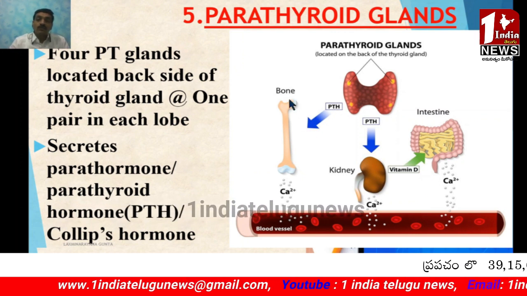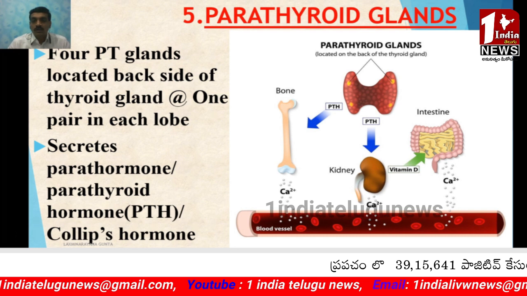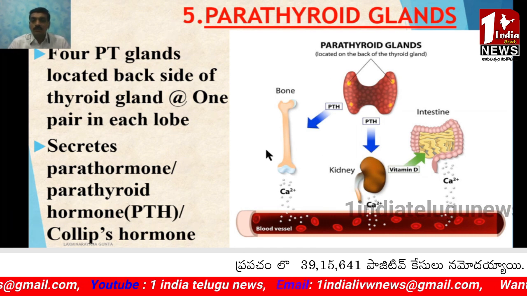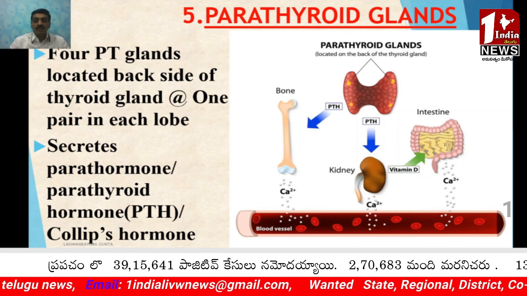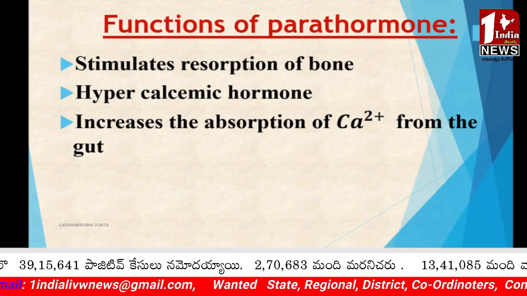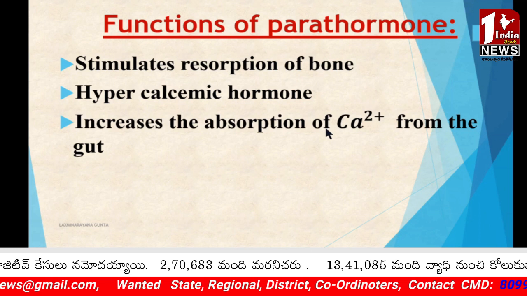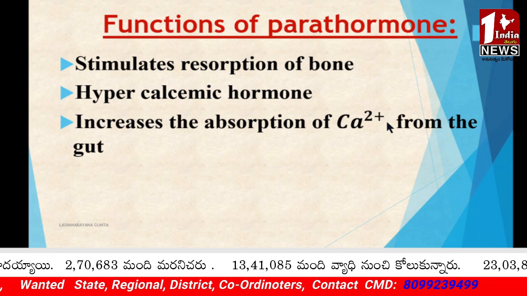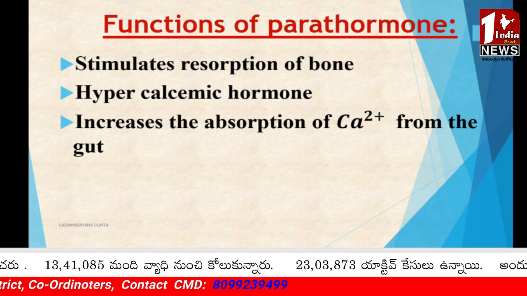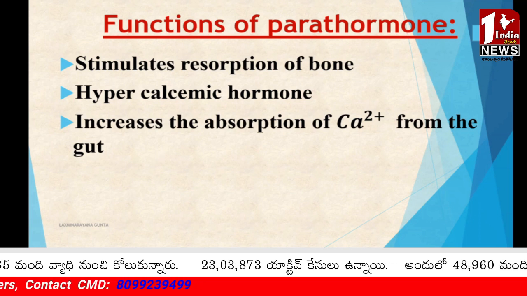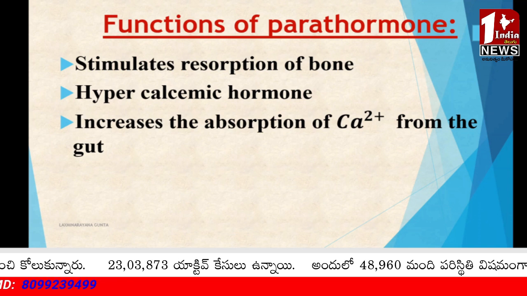It is responsible for the resorption of bone. Resorption of bone increases the calcium level in blood, and it increases the absorption of calcium Ca2+ from the gut. Calcitonin decreases the absorption of calcium, unlike this.